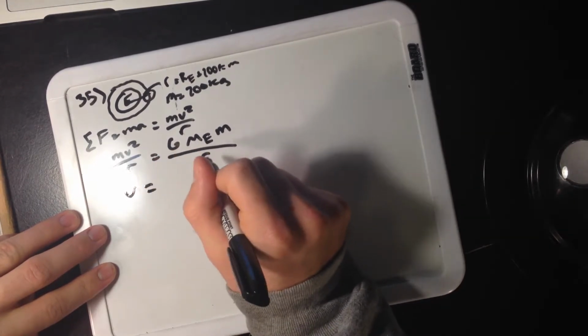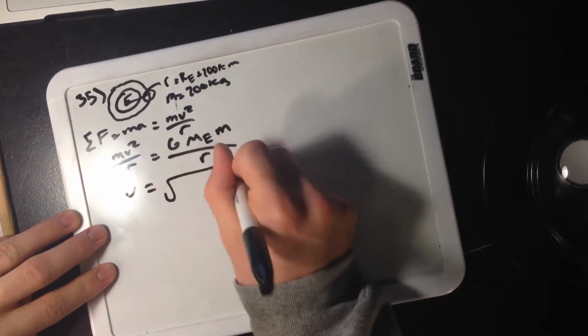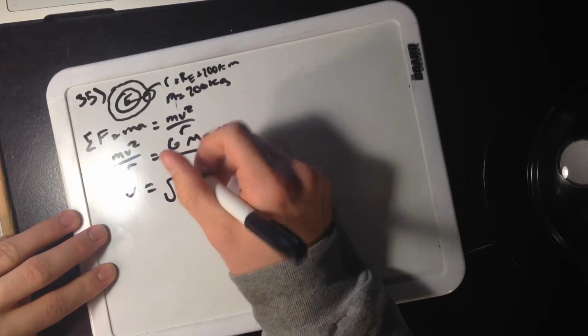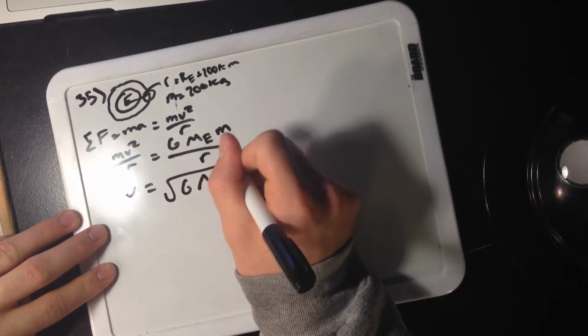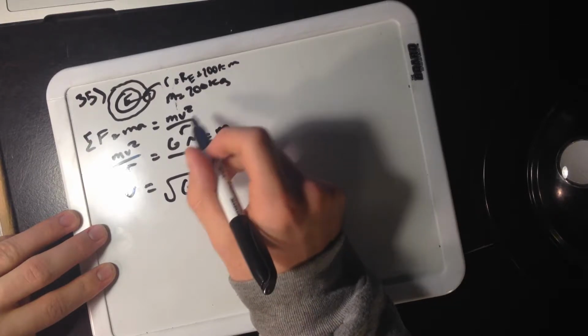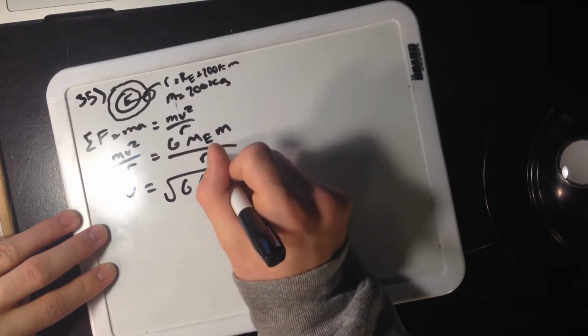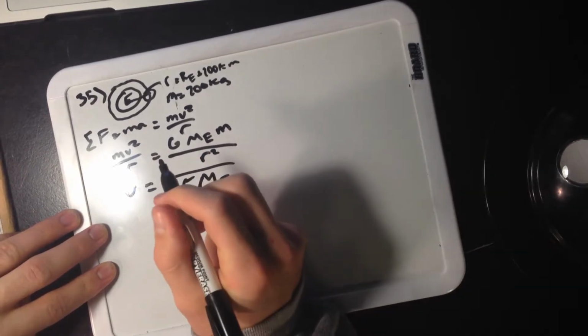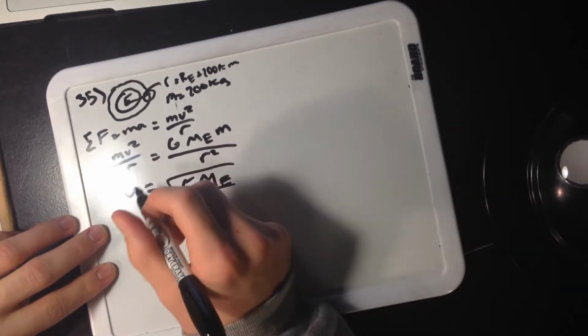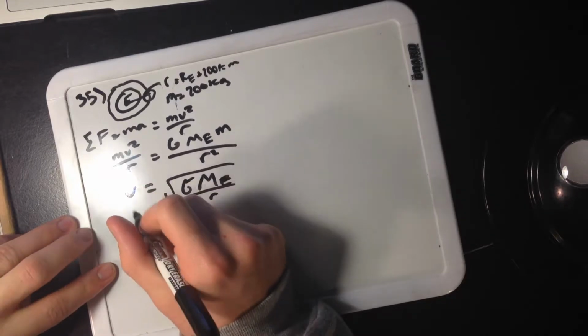So then the r's would cancel, and the m's would cancel too, so you get v equals the square root of G M over r, squared. And then from there you have the velocity and you're trying to find the period.